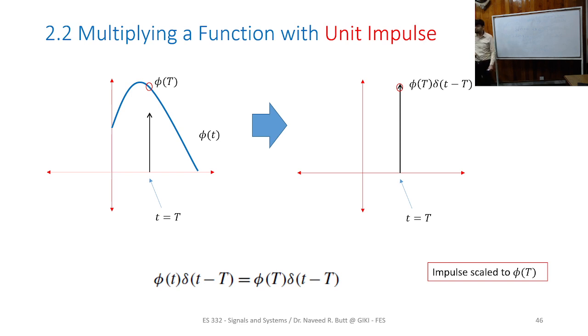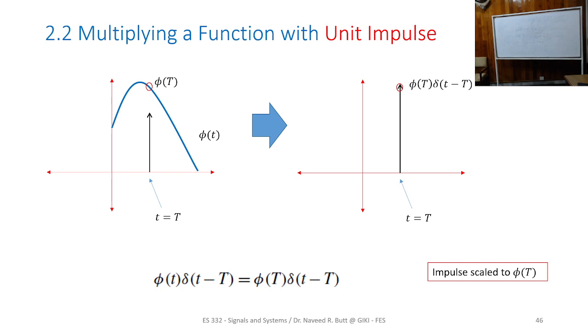Delta t minus T equals 0 at t minus T not equal to 0, meaning it is 0 at t not equal to T. When we say in delta that it is zero when t is not zero, we basically do not define what the value is at zero. So we are not defining it here also. What we are saying is when you replace t by t minus T, then this has also to be replaced. This is what causes the shift in the delta.